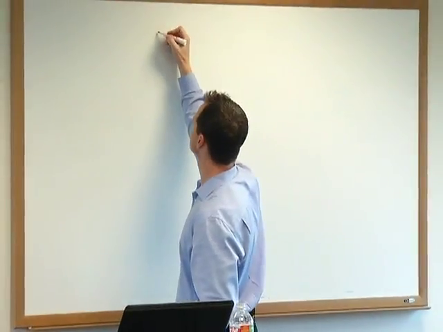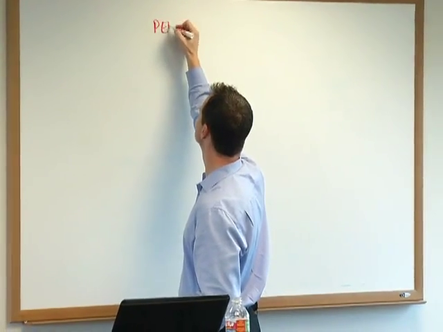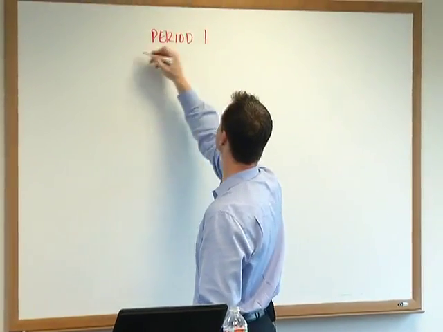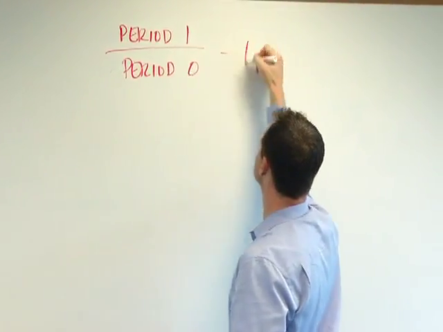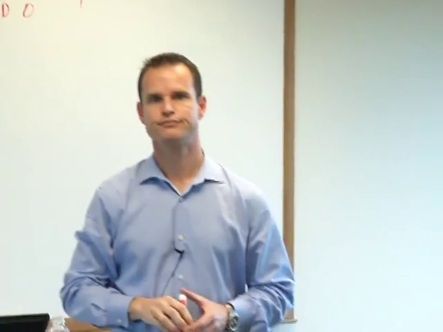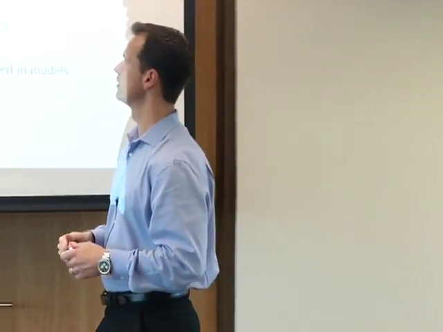Period 1 divided by period 0, minus 1. That'll give you a year-over-year growth rate, or period-over-period growth rate.